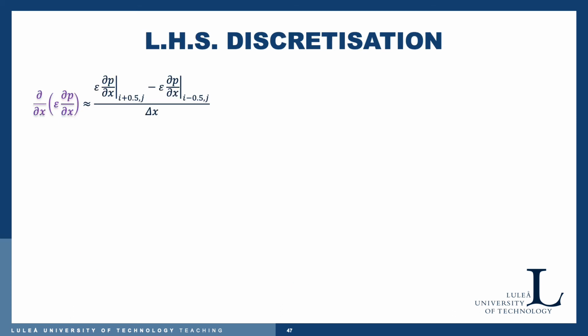Let us start by considering the d/dx of epsilon dp/dx term of the left hand side, which we can discretize with the central difference that we have derived before. So it starts at x i minus 1/2 and it ends at x i plus 1/2.